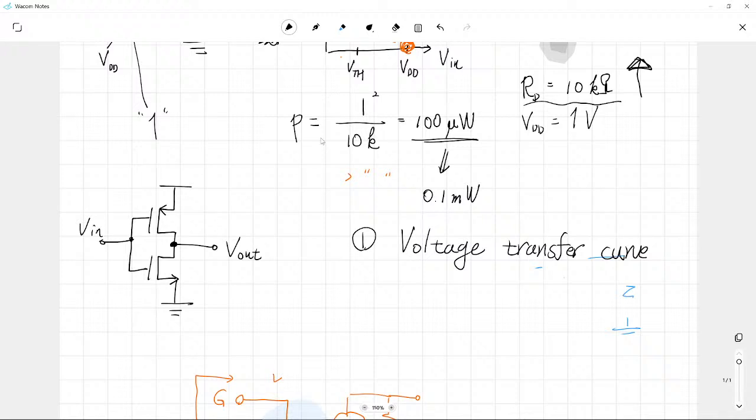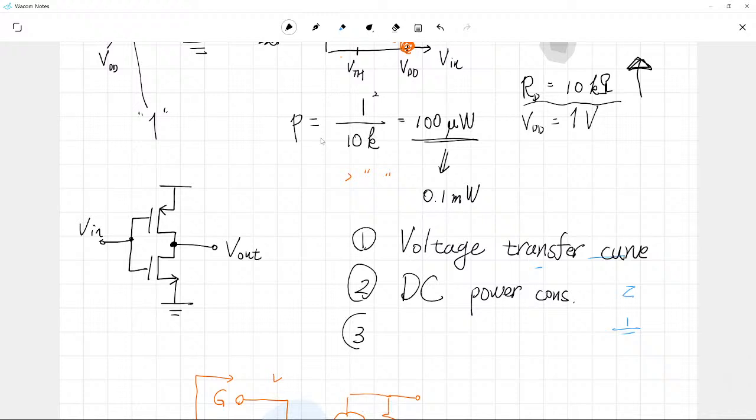However, the NMOS inverter was not very successful in having this beautiful voltage transfer curve. And the second one was DC power consumption. Oh, we cannot live with this DC power consumption. However, unfortunately, our NMOS inverter should consume DC power.